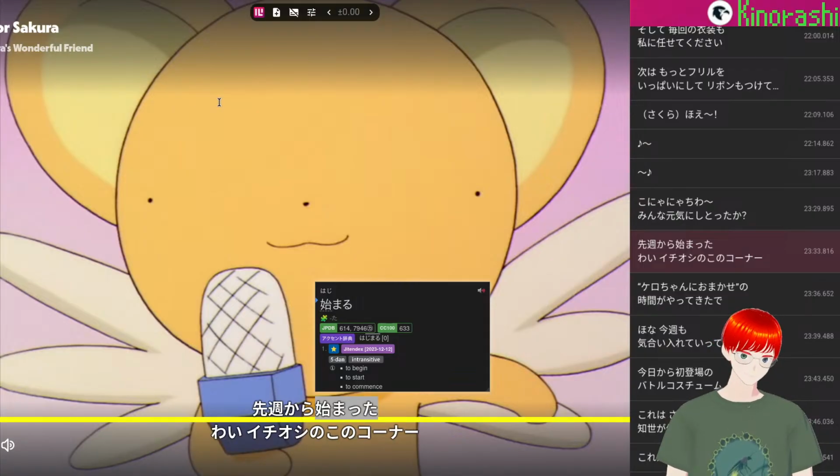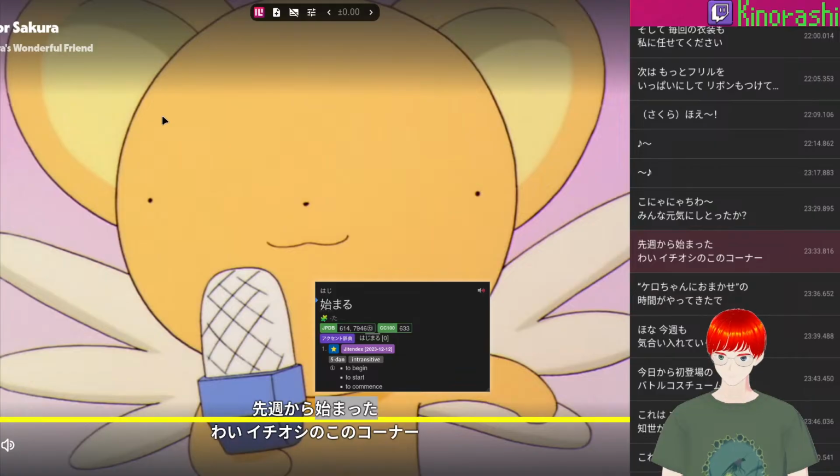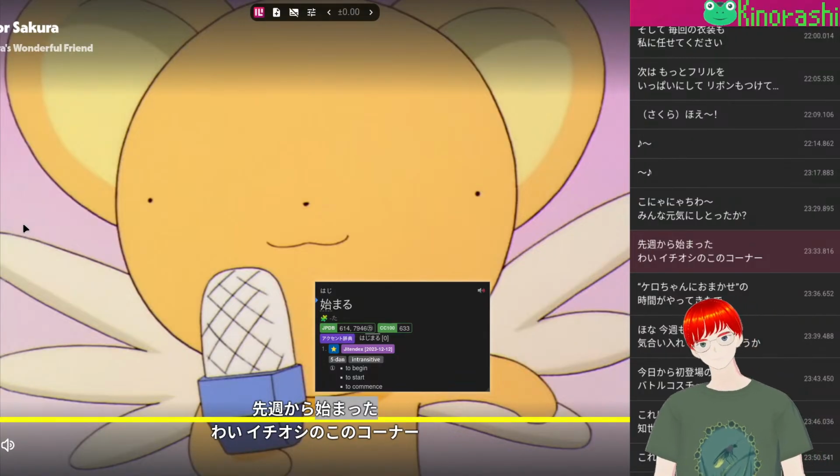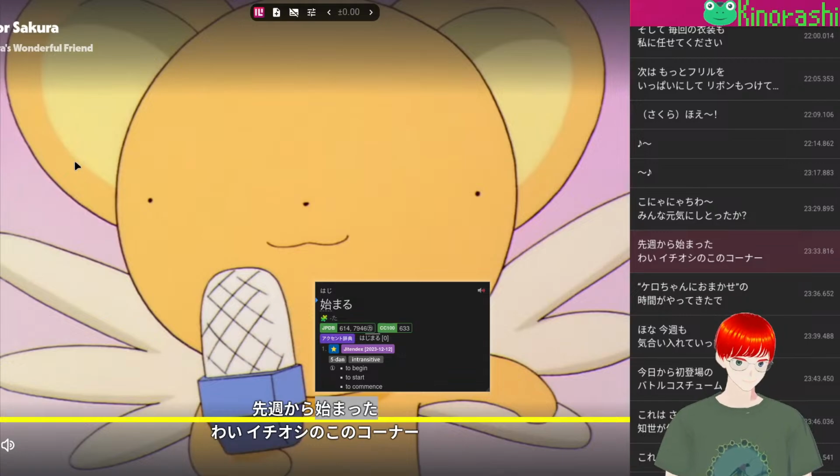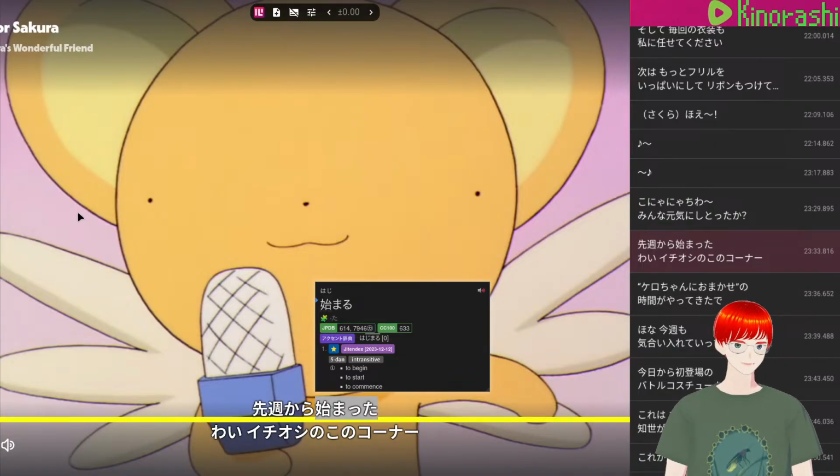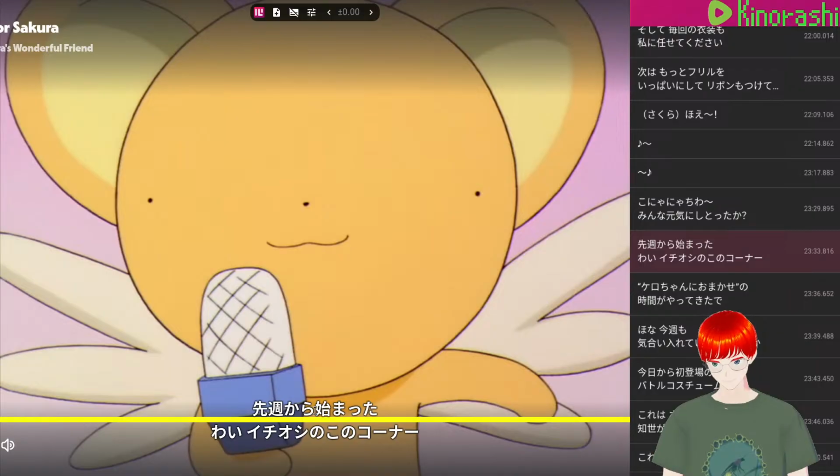Hajimeru. See, hajimete, for the first time. To start, to begin. Okay, so that's the kanji for first, and this is the kanji for to begin. So they're using the to begin kanji. Senshu kara hajimatta, from last week, it began.